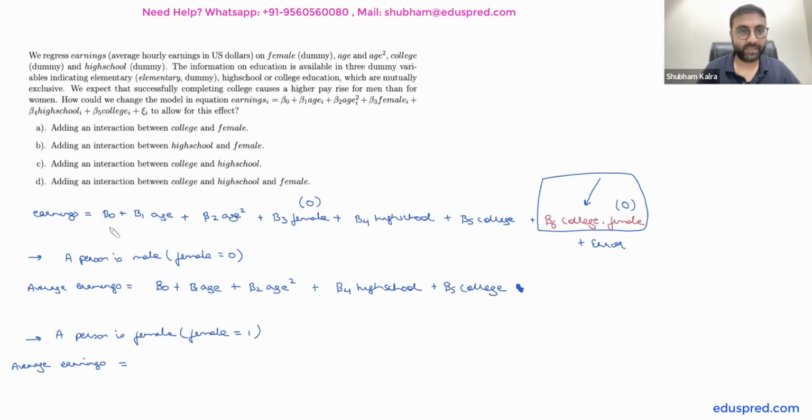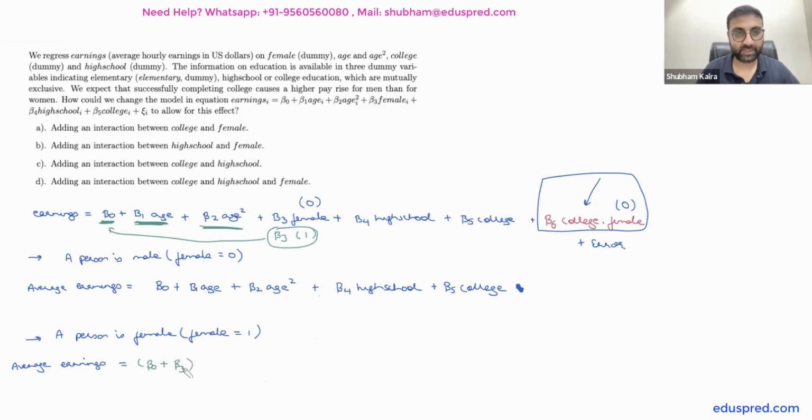It's going to be beta 0, this will remain as it is, plus beta 1 h, this will also remain as it is, plus beta 2 h square, this will also remain as it is. This will become beta 3 times 1, right? And after substituting 1 over here, we can write this along with beta 0, okay? So I can write beta 0 plus beta 3.